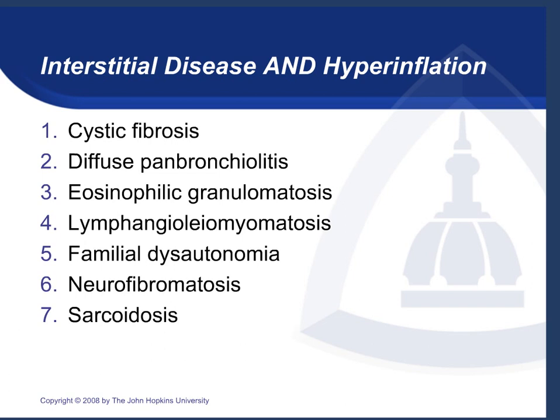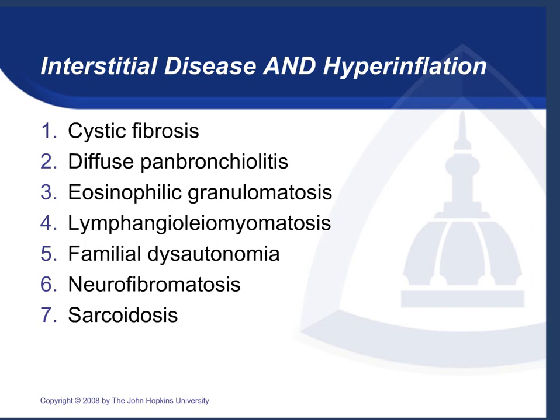So if you see an X-ray on the boards and there's interstitial disease and hyperinflation, because most interstitial disease causes restriction, small lungs, but if you see big lungs and interstitial disease, you should think of one of these 7 things. CF, we just saw an X-ray of that. Diffuse panbronchiolitis, which is very similar to cystic fibrosis. It was seen predominantly in Japan, treated with macrolide antibiotics.